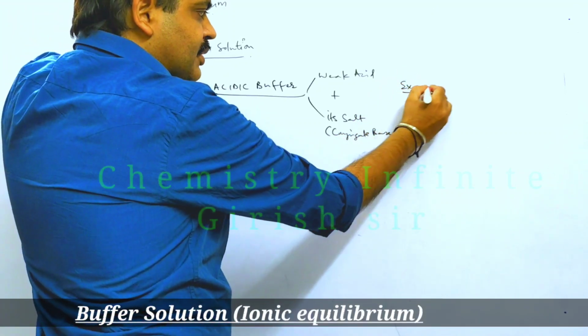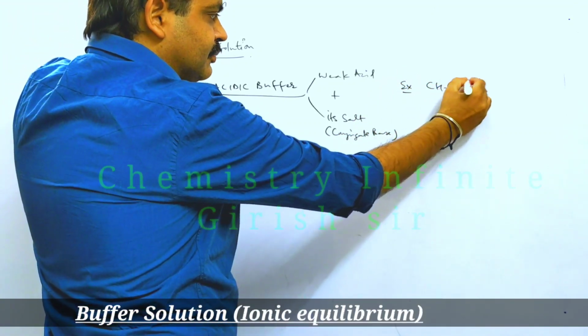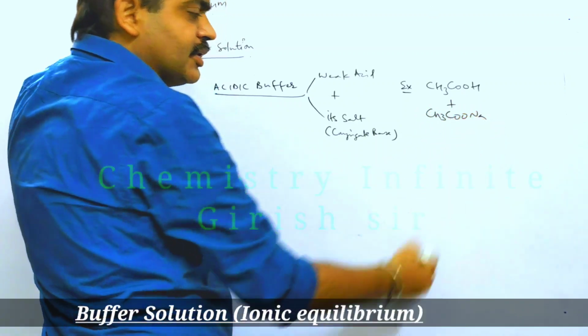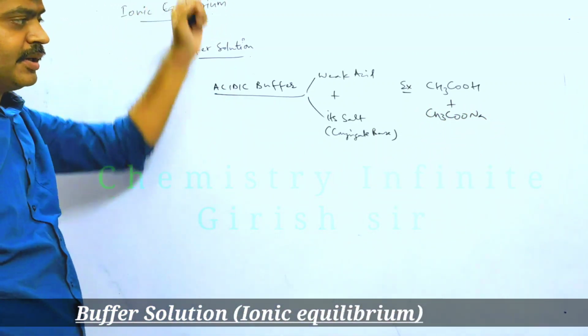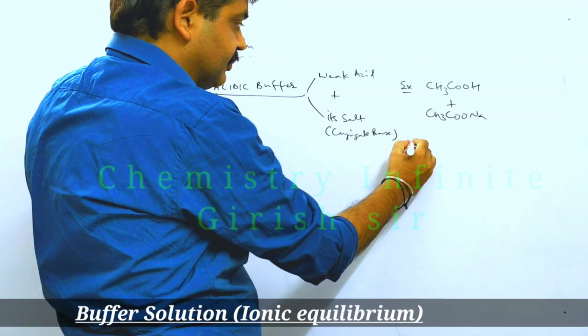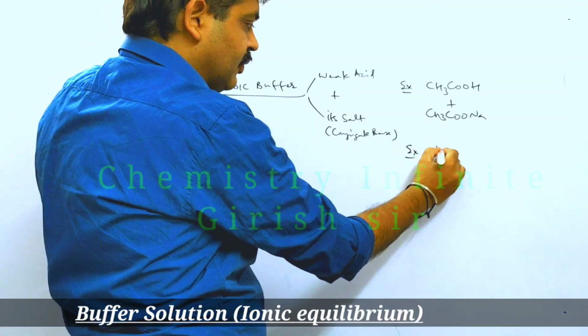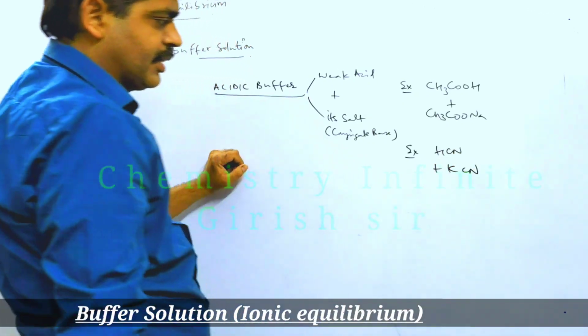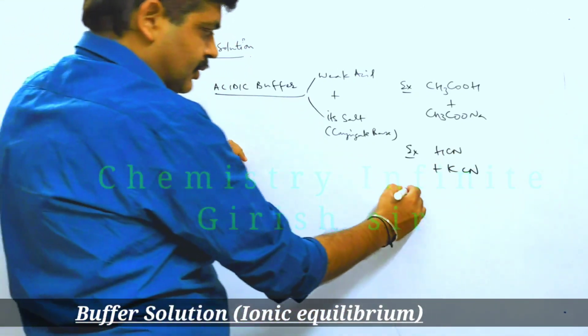As an example, if we take acetic acid and its salt, sodium acetate, this mixture may act as an acidic buffer. Another example, if you take HCN plus KCN, this mixture may also act as an acidic buffer.